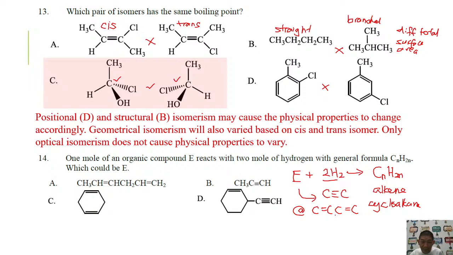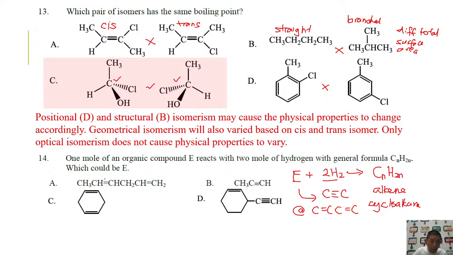You must have a diene inside here. So the most important thing is at the end of the day, you give alkene or cycloalkane. Okay, so based on the selections A, B, C, D, we deduce the possible answer.